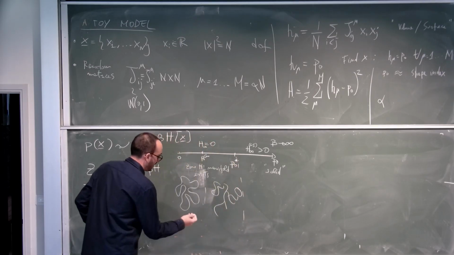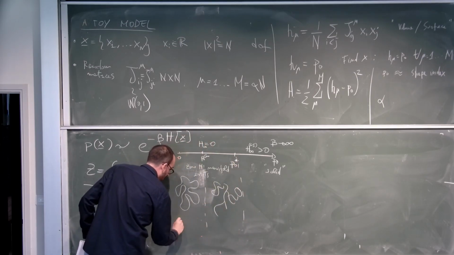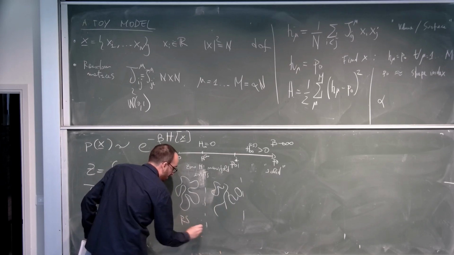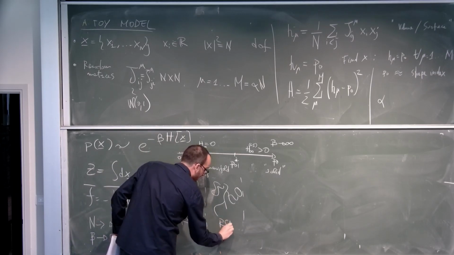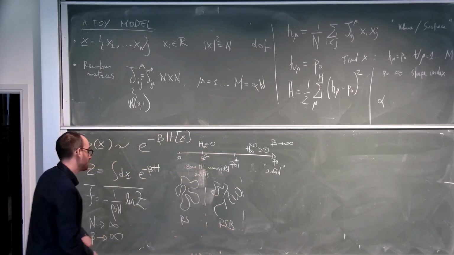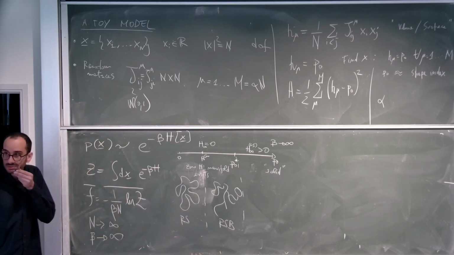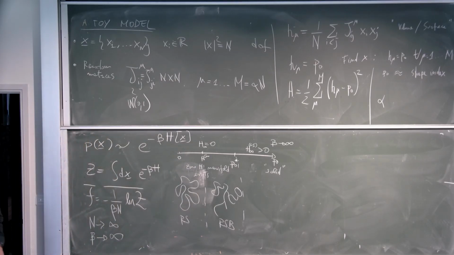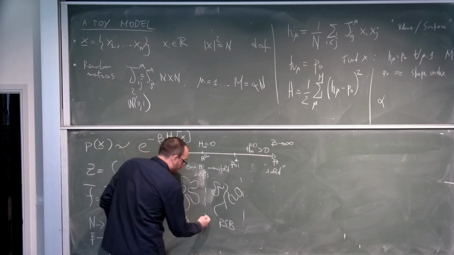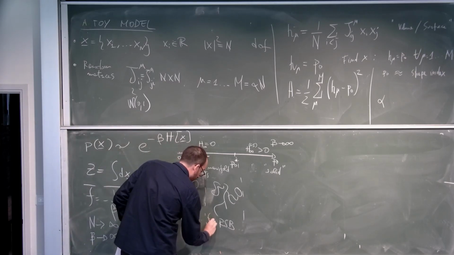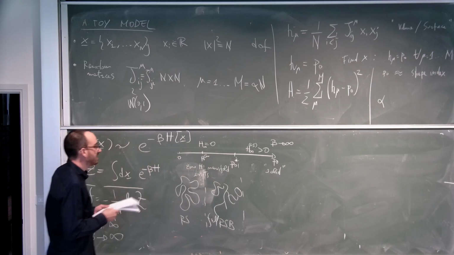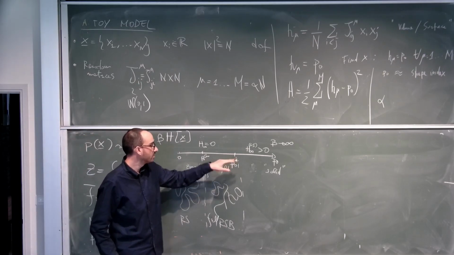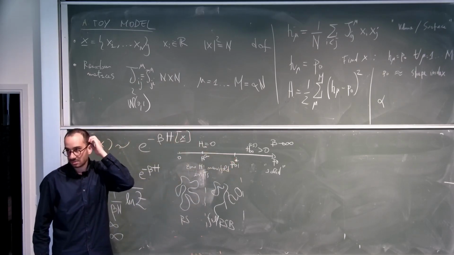Technically, here the model is replica symmetric. Here you have replica symmetry breaking. This is full RSB, which means that in order to find this point, you need to solve a set of PDEs.